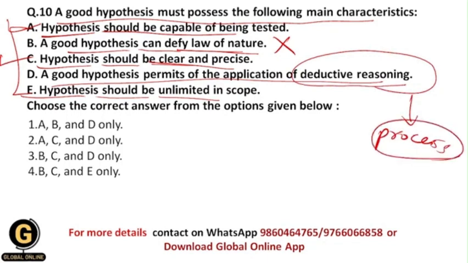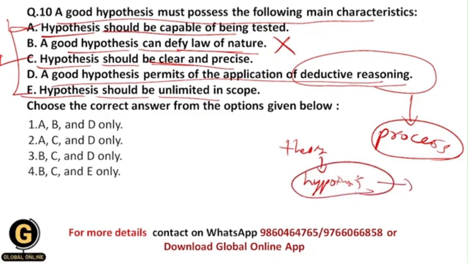In this approach, we have an existing theory, and based upon the existing theory we formulate a hypothesis, and after that we test the hypothesis by using different statistical techniques, and finally we get the results. So this is the whole approach of deductive reasoning towards research, and a good hypothesis permits the application of deductive reasoning for its testing.